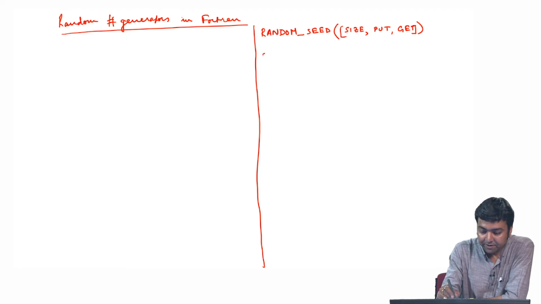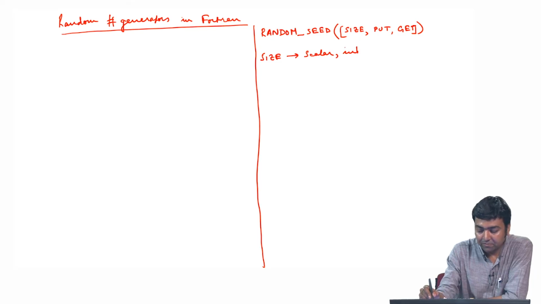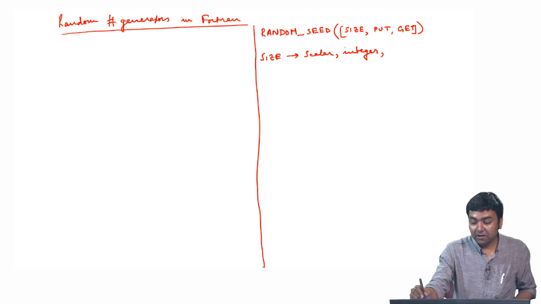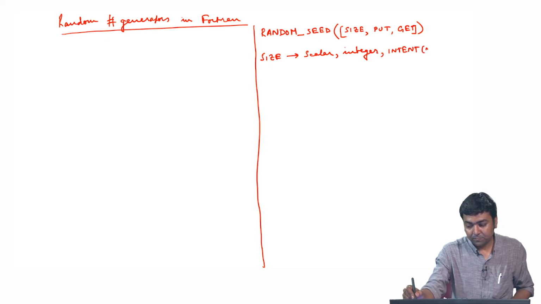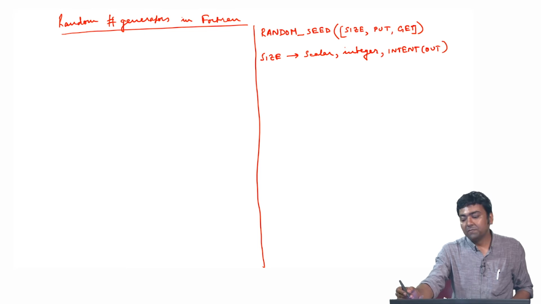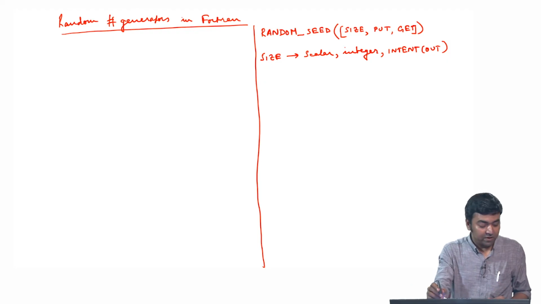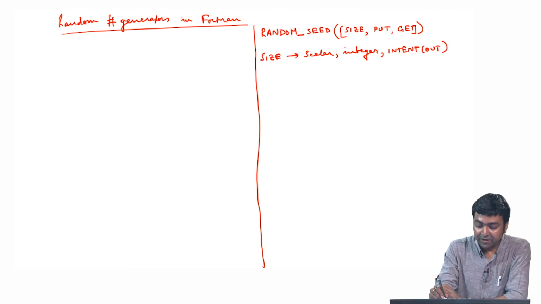Size is a scalar quantity and is an integer, and is an intent out type of argument. What it means is it always returns an output. It gives you an output when you ask, and what it contains is basically the number of integers used to hold the seed.